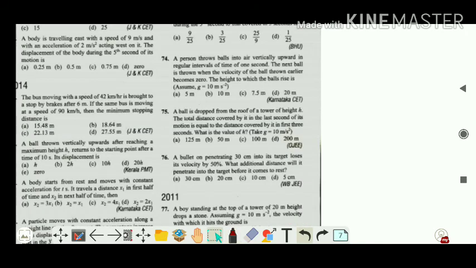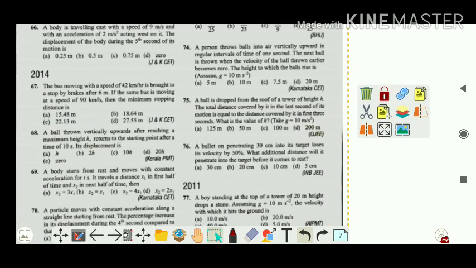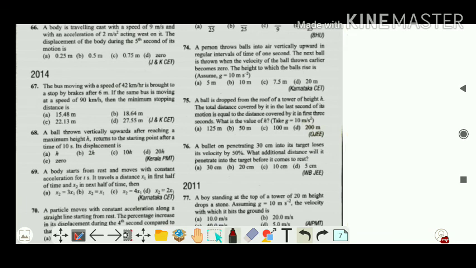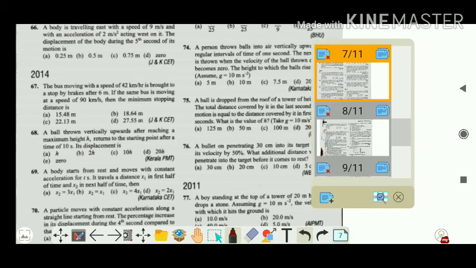The question, let's do the 75th question, guys. A ball is dropped from the roof of a tower of height h. The total distance covered by it in the last second of its motion is equal to the distance covered by it in the first 3 seconds. What is the value of h? So you have to use the equation for the nth second.